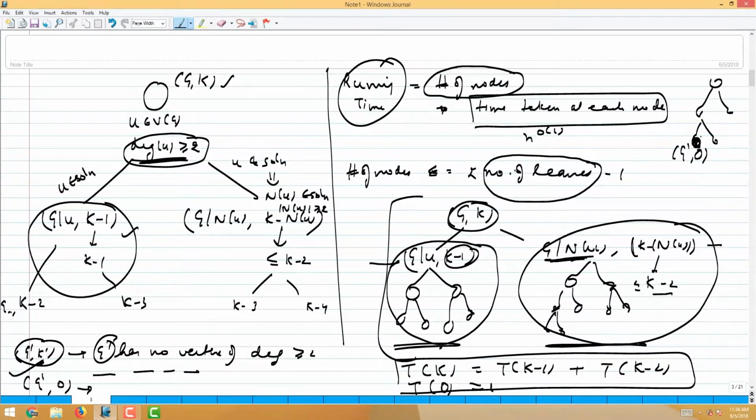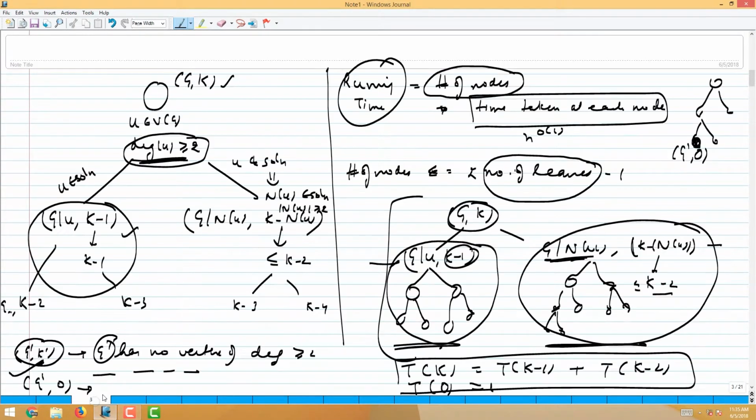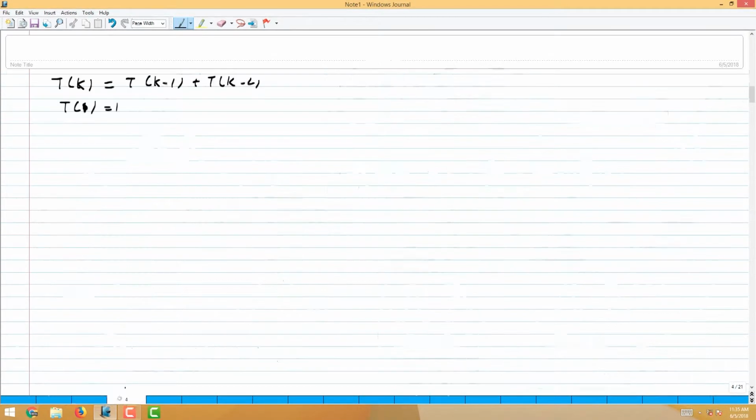So basically you have to solve this set of recurrences. What should this solve to? In fact, if T_0 is confusing to you, you can write T_1 is equal to 1. Why? Because T_1 corresponds to instances of the form G prime and 1.